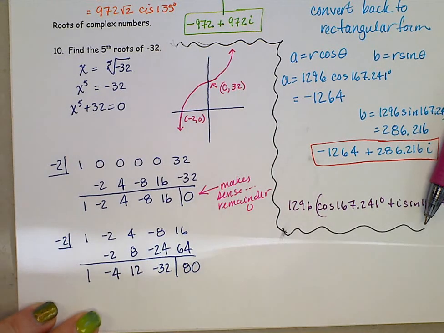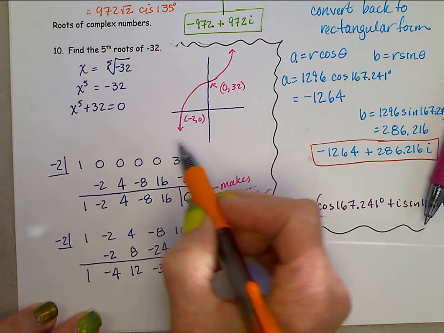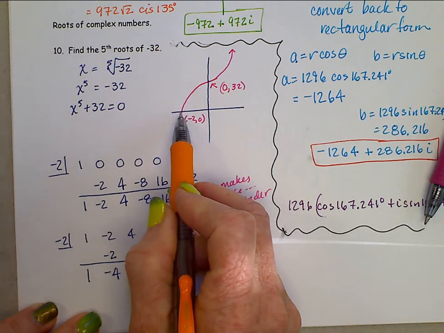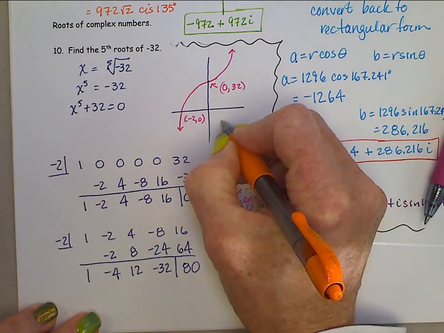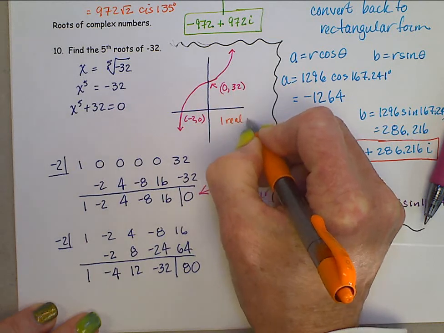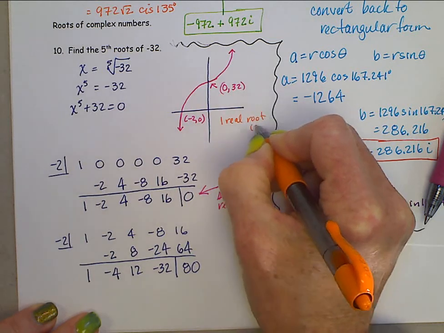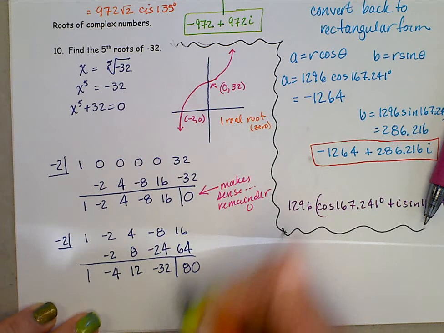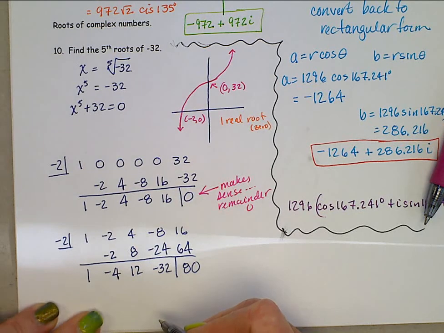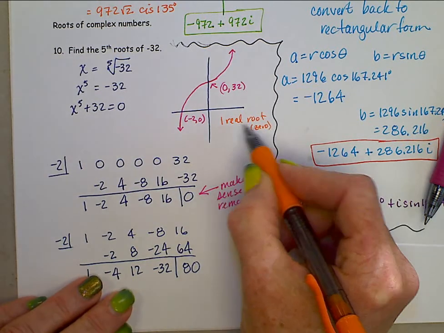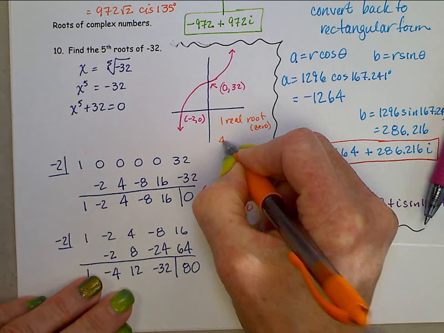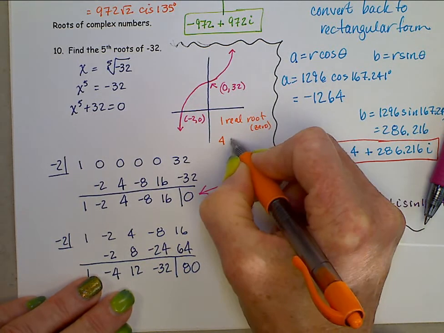But we do remember some other things, and that is that there was one real root right here. One real zero. Remember, root is another word that we can use for zero. So we have one real root, and there are 4 complex roots.